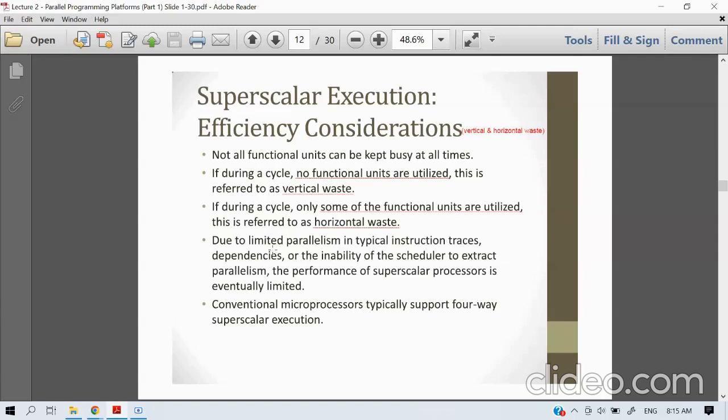Due to limited parallelism in typical instruction trace dependencies, or the inability of the scheduler to extract parallelism, the performance of superscalar processors is eventually limited. Conventional microprocessors typically support four-way superscalar execution.